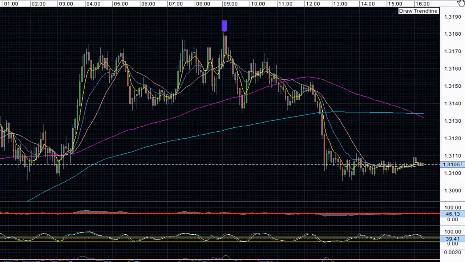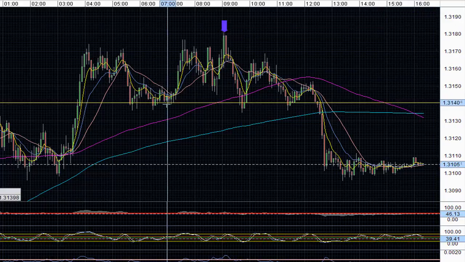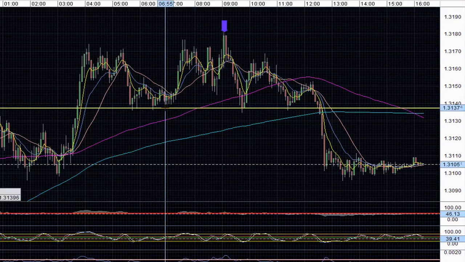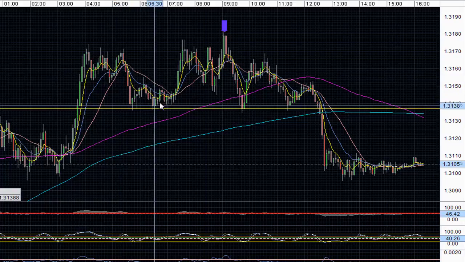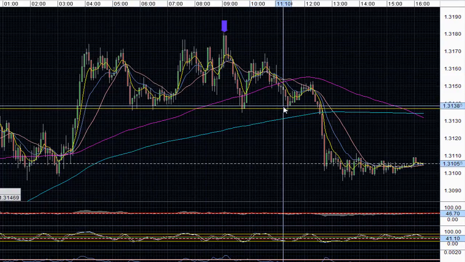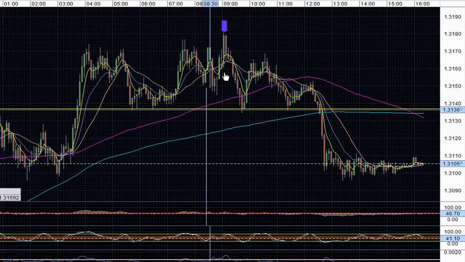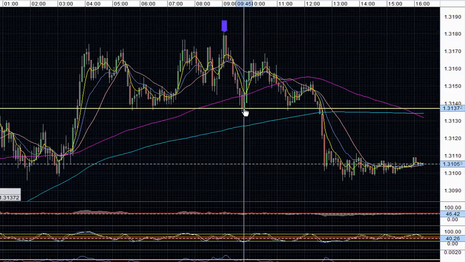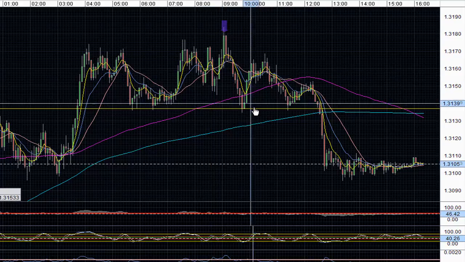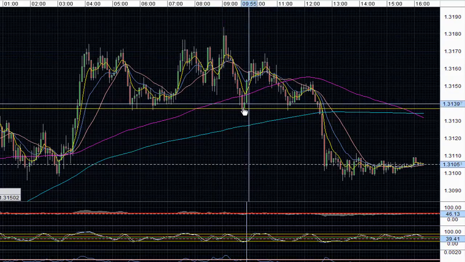And I want to draw in this horizontal line to prove that this 31.36 price had been prior support a few times throughout our trading day. You can see that price found support a few times, and you could have gone short and closed out your trade here at the support, or you could have traded off this support and gone long again.